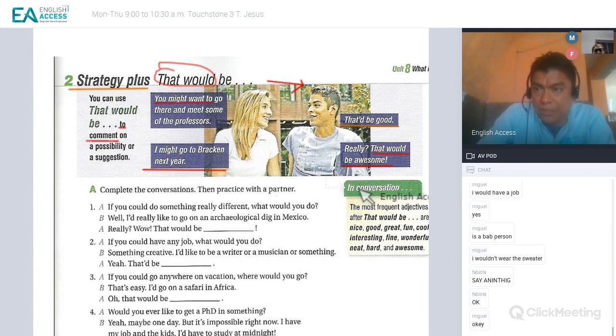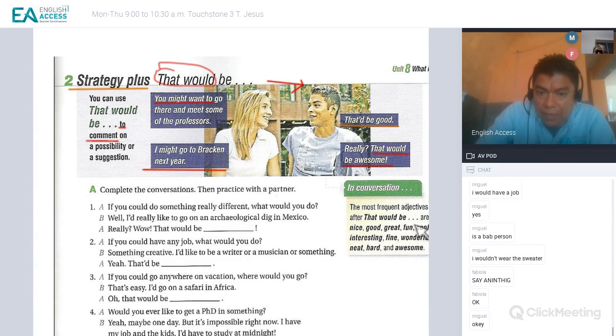Now, in conversation, right here, we have the most frequent adjectives after that would be. So after the expression that would be are nice, good, great, fun, cool, interesting, kind, wonderful, neat, hard, and awesome. Okay.